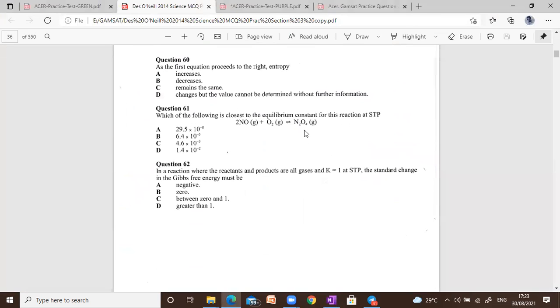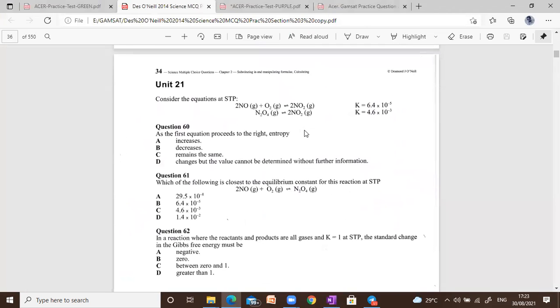So yes, we have this question. I have not informed you about entropy, and the first question is about entropy. So first, let me discuss entropy. What is entropy? Listen.